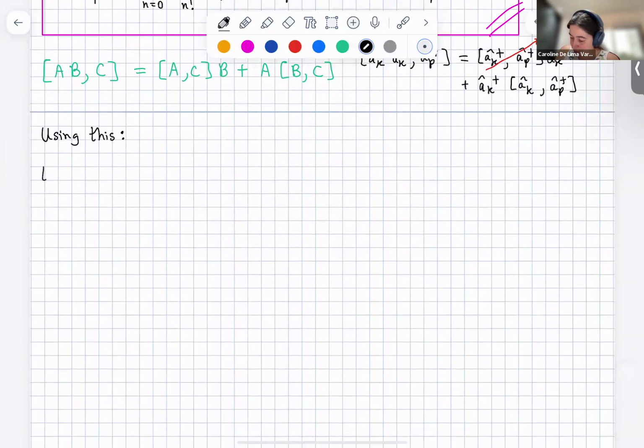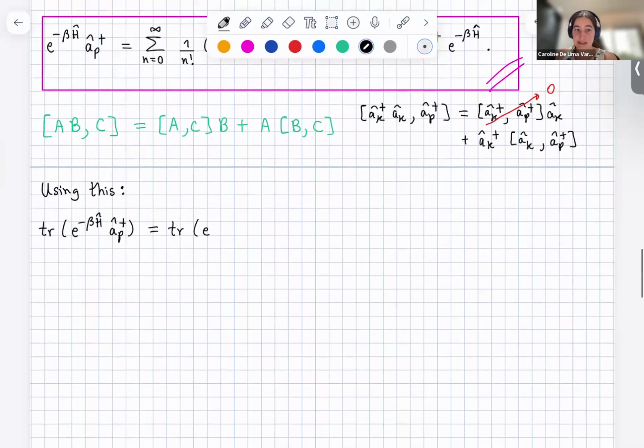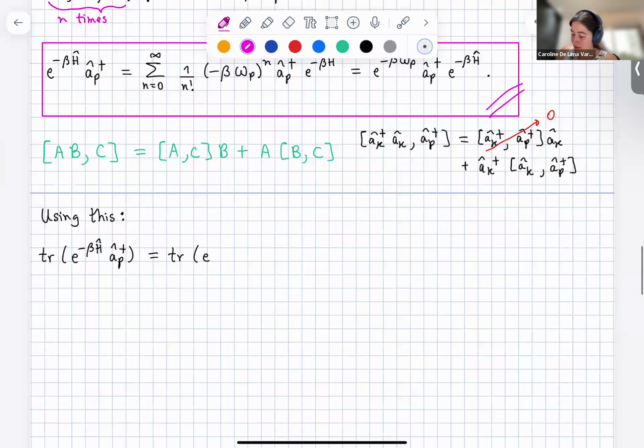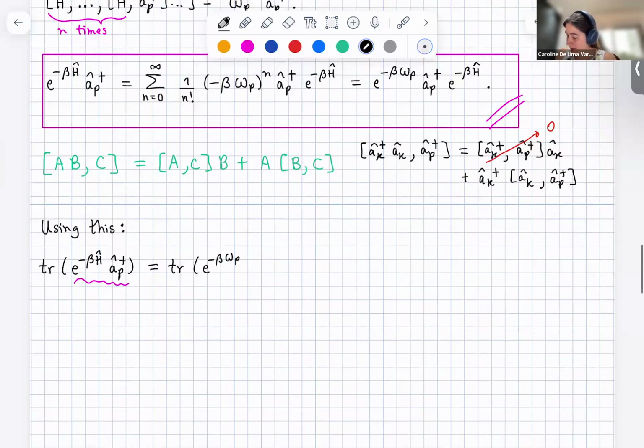I want to compute some trace of e to the minus beta h times the creation operator, for instance. This is going to be the trace, basically using the same identity that I just found, of minus beta omega p times AP dagger times e to the minus beta h.